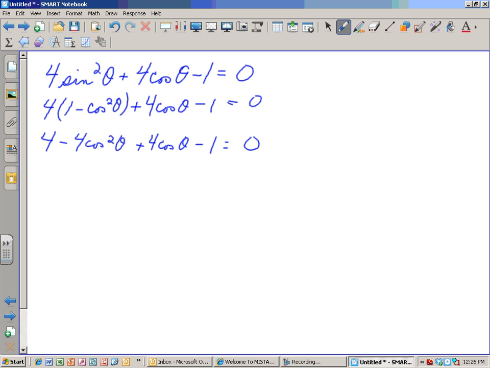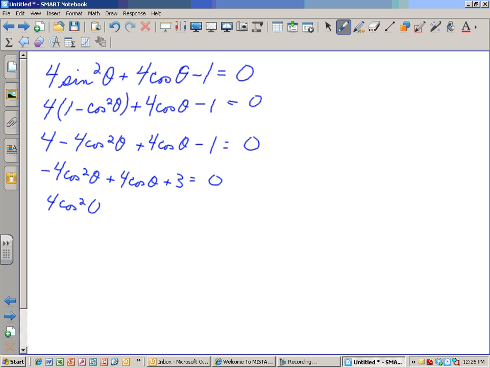Did it equal 0 or equal 1? 0. It did equal 0, okay. Now I'm going to put this in standard form. Negative 4 cosine squared plus 4 cosine plus 3. That's the 4 minus 1. And when I factor this, I do not like to factor with a negative as my leading coefficient. So I'm going to divide every single term by a negative 1 to get 4 cosine squared.